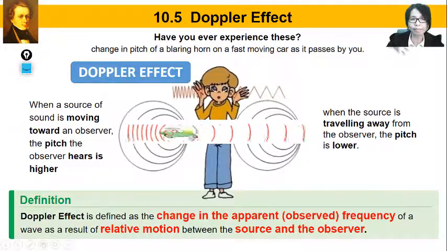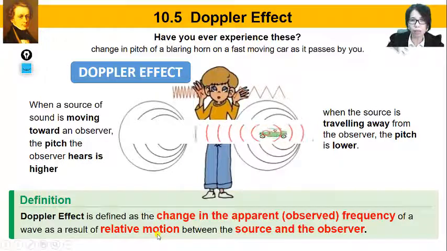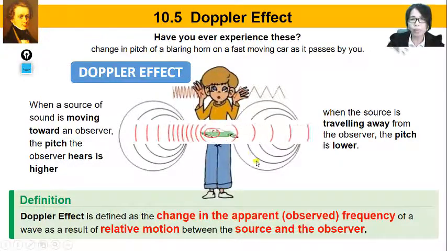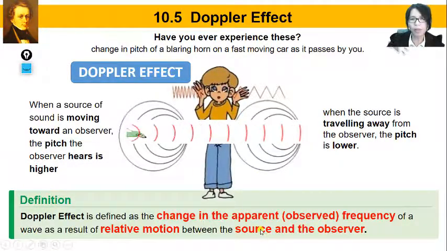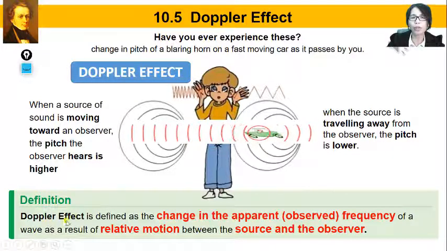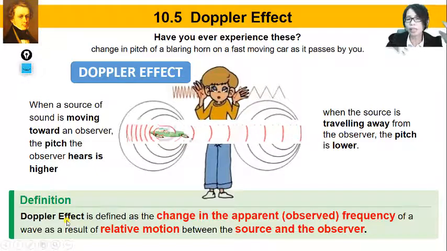It means that the keyword for Doppler effect is relative motion. When there is a relative motion between the source and the observer, then we will get what we call Doppler effect, the change in the observed frequency.